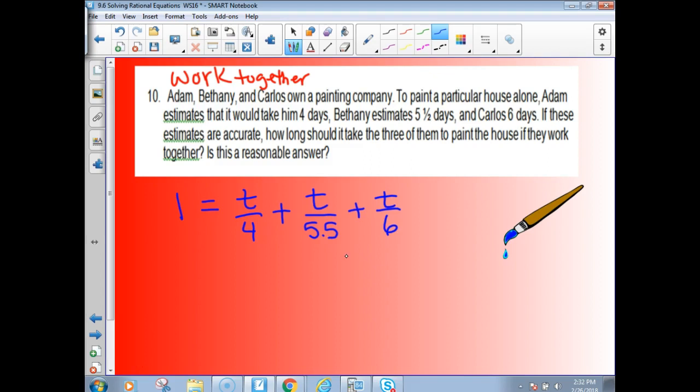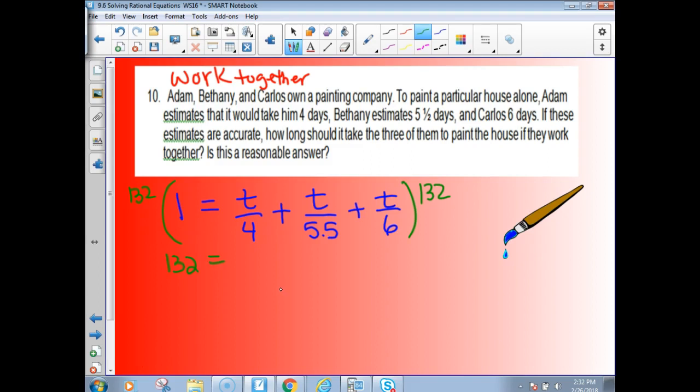So actually 4 times 3 would be 12 times 5.5 would be the lowest common denominator. But let's just do the 132 because it doesn't hurt anything. We're going to multiply through by 132. It's not the lowest, so I'll preface that. I don't want somebody thinking I don't know that there's a lower one.